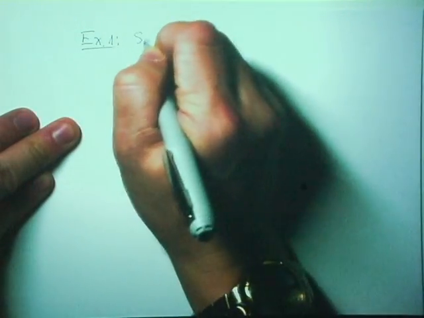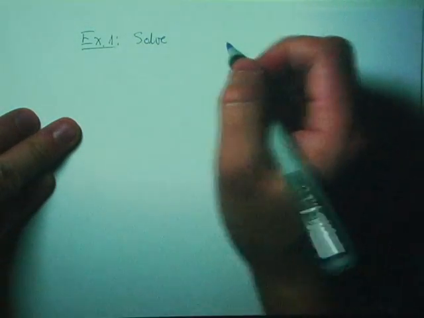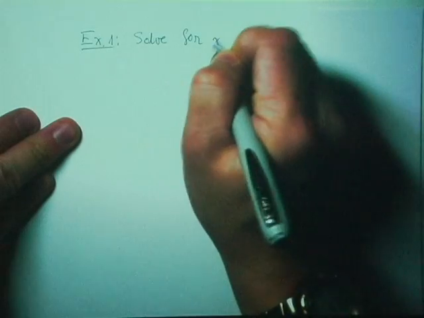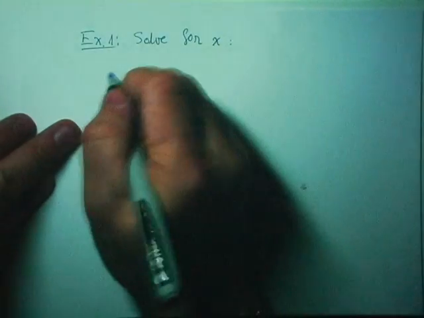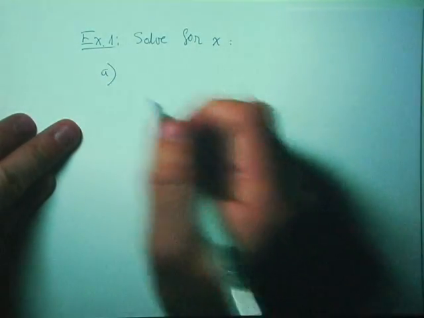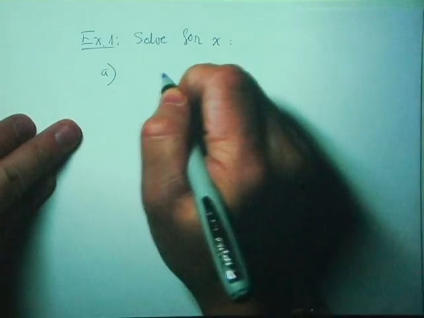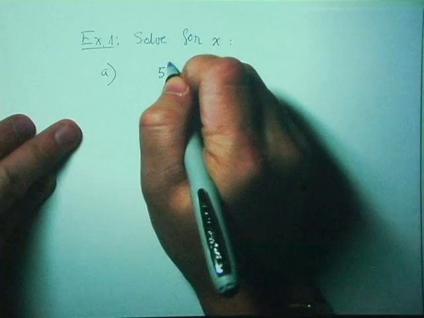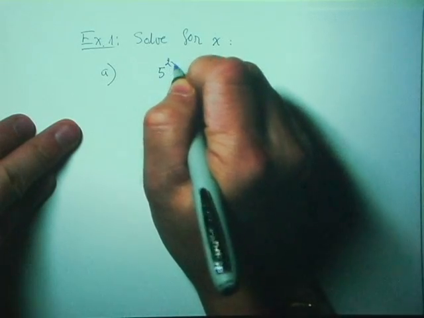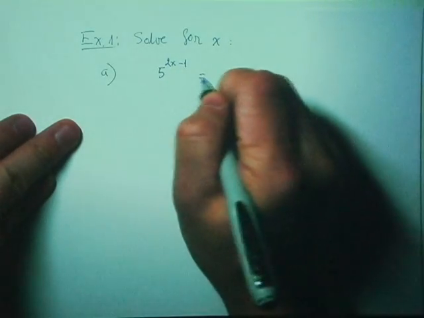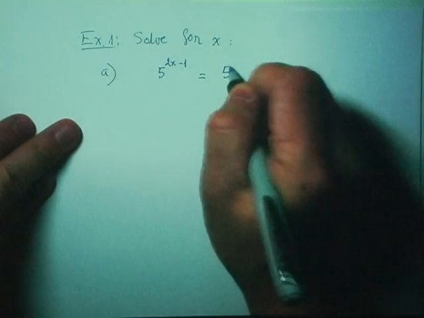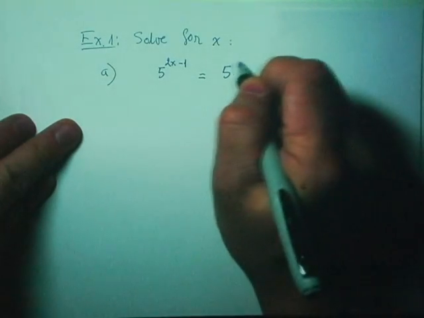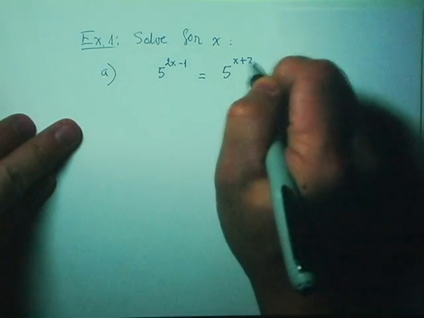As you can expect, the whole section 4.4 is all about how we solve for x. So now my part A in example one, the equation we look at is something like this: 5 raised to the power 2x minus 1 equals 5 to the x plus 2 power.